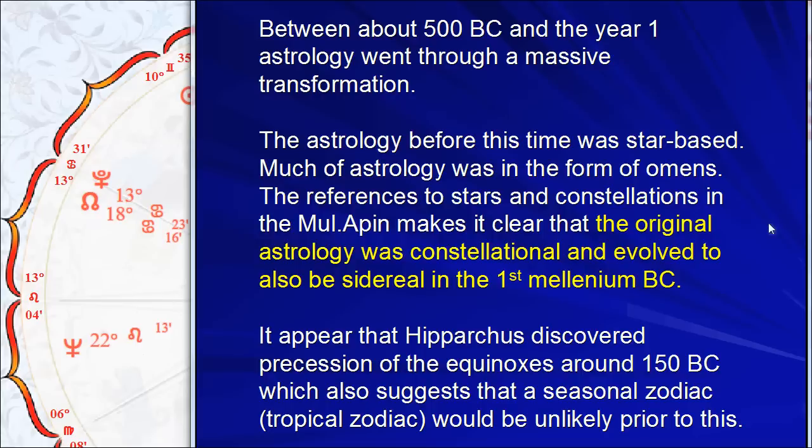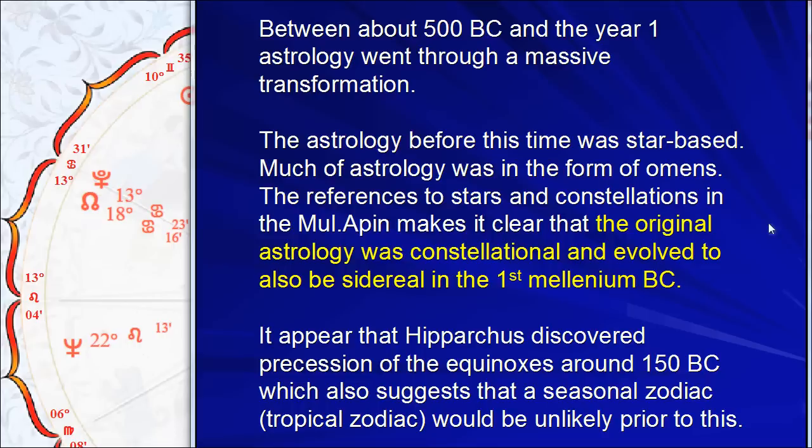And then after about 500 BC, astrology developed into a more intricate system. If you go back before 500 BC into what's often referred to as the Babylonian period of astrology, which is a huge period of time, roughly 3000 BC to 500 BC, that's 2,500 years. That's as long as the period from 500 BC to now.